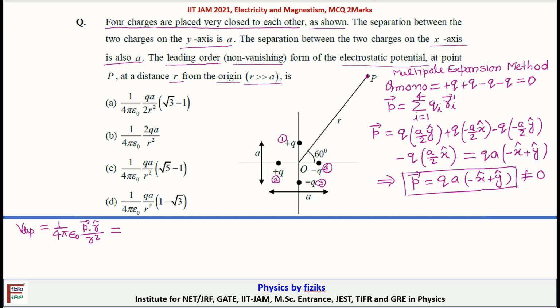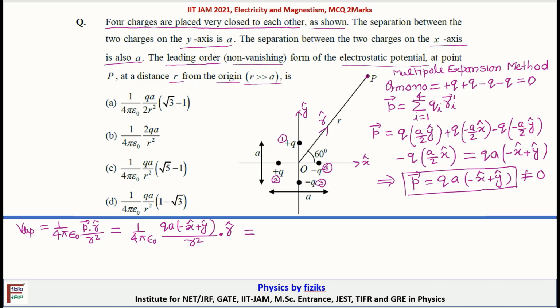So this will be given by 1 by 4 pi epsilon naught. Then you have QA, that will be minus x cap plus y cap by r square dot r cap. So you can see this direction is x cap, this direction is y cap, and this direction is r cap.